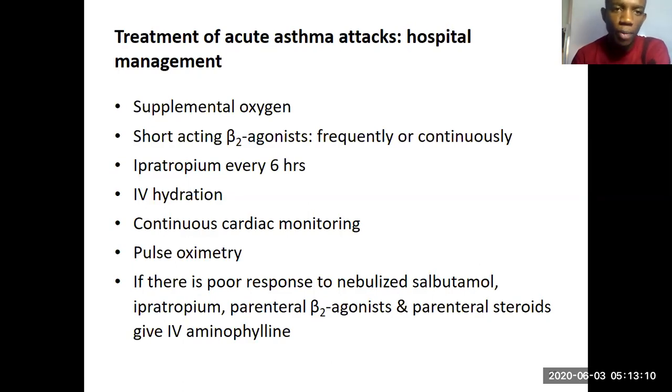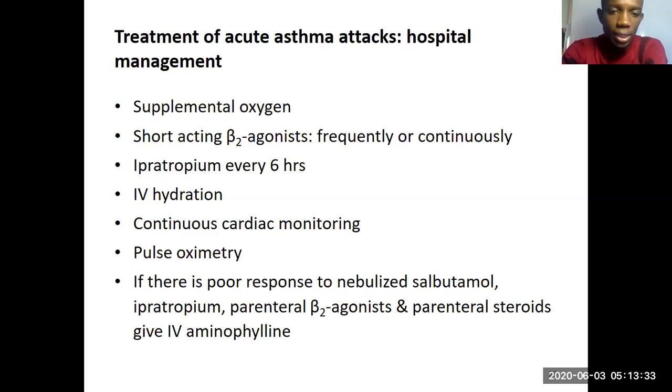Now, the hospital management of acute asthma attacks. One, we need to give supplemental oxygen. Two, we need the short-acting beta-2 agonists frequently or continuously. Then we can give ipratropium every 6 hours. Then we need to ensure that our patient is hydrated via intravenous fluids.